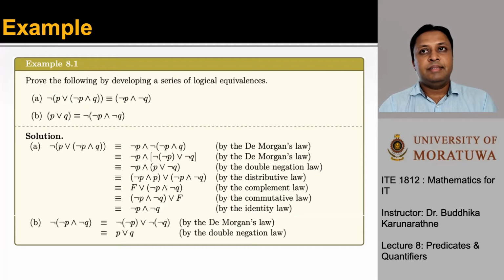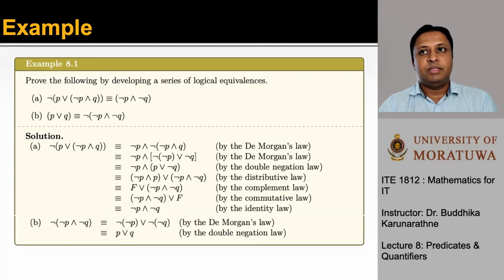So part A is negation of P disjunction negation of P conjunction Q is equivalent to negation of P conjunction negation of Q. So let's first look at part A, trying to prove that statement.